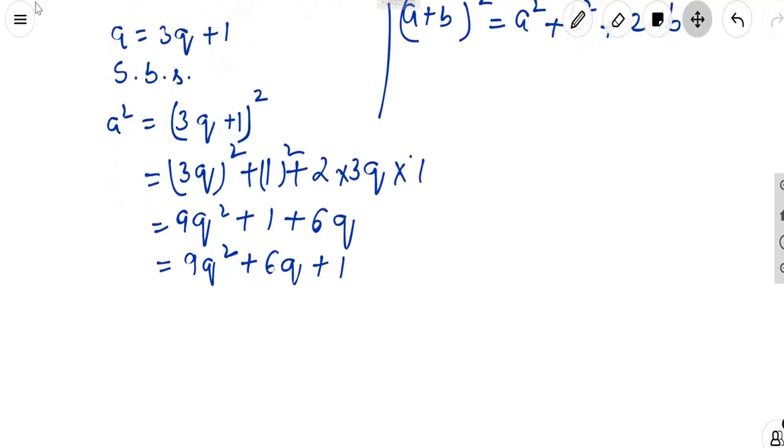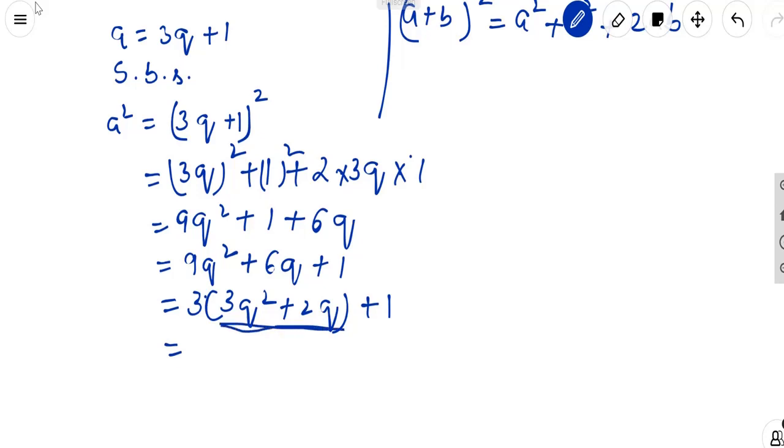So I will take common here. How much will I take common? 3. So I can write it as 3q square plus 3 2s are 6, that is 2q. So 1 I cannot take outside. So I'll close this bracket and rewrite it as plus 1. Okay.